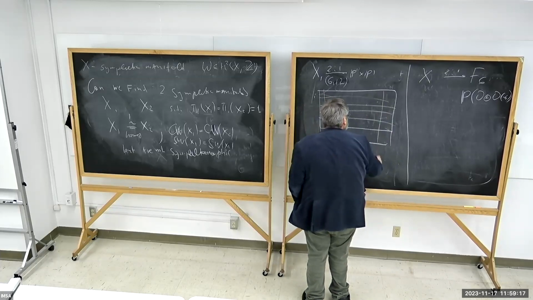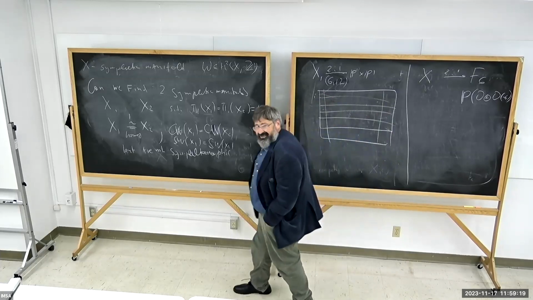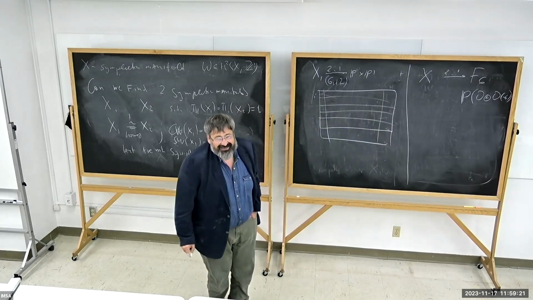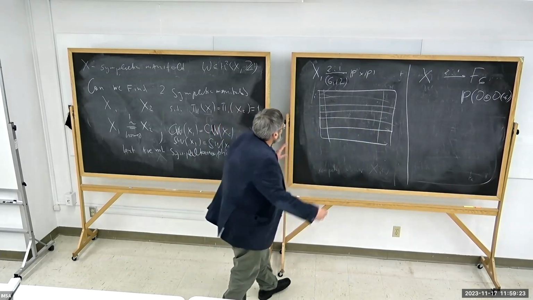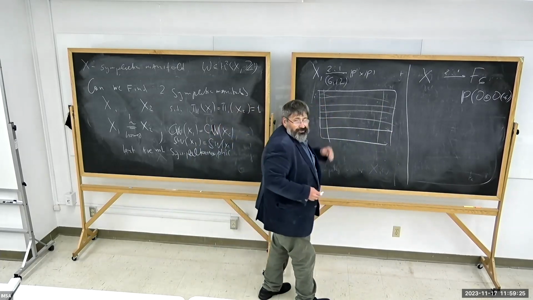All right, so we have 12 of these. The curve is just a bunch of lines. You're saying the curve is just a bunch of lines. Yeah, indeed, you can degenerate to a bunch of lines.